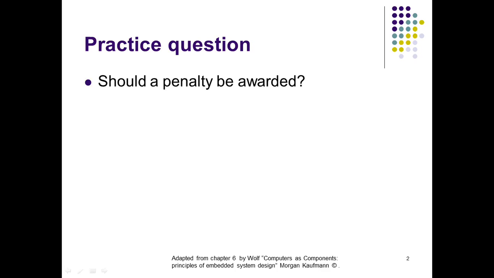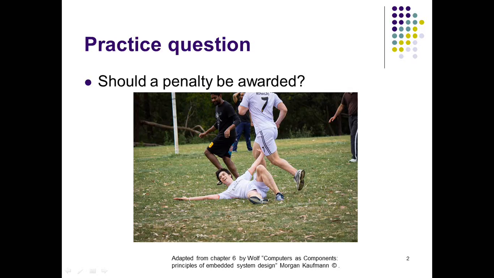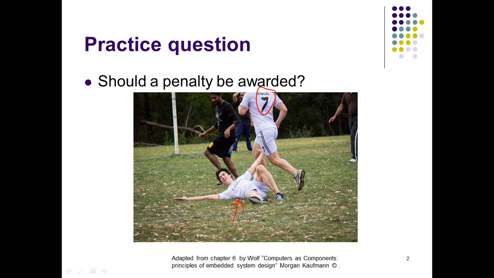Okay, the key question that is going to be asked is, should a penalty be awarded in this instance? This is the instance. Now, this is a staff student soccer game. Obviously, you'll notice the staff hired Cristiano Ronaldo. But of course, the star player here is lying on the floor appealing to the referee.